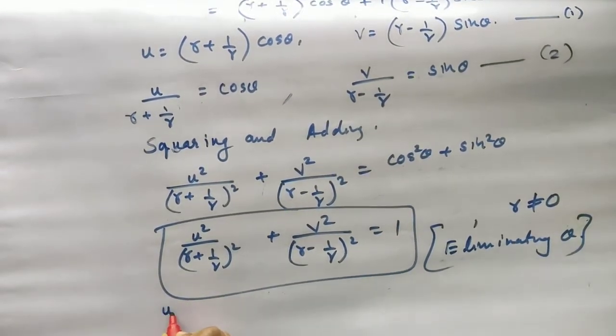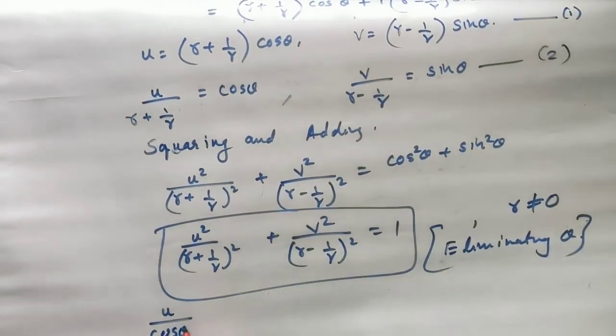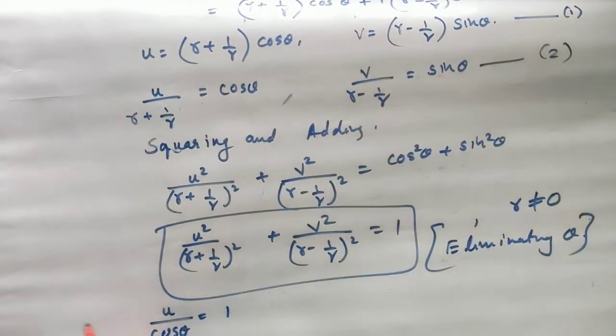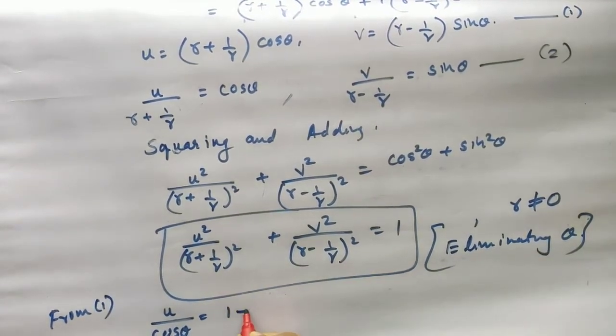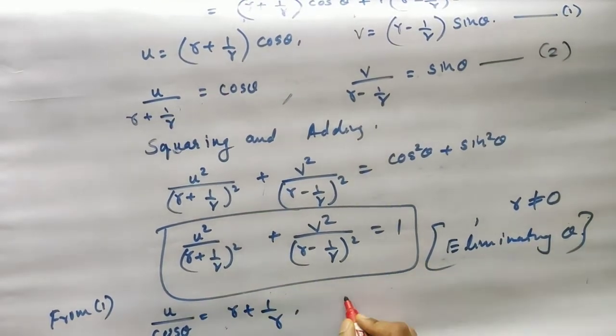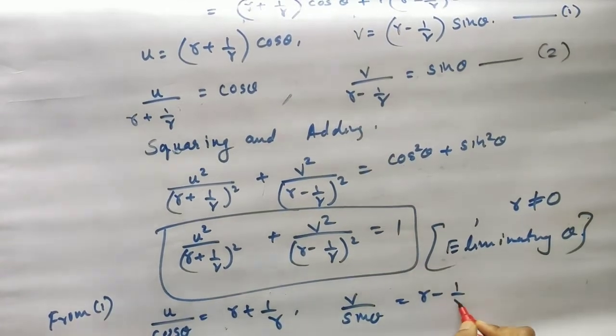For that we will consider equation 1 only. I can write u divided by cos theta is equal to r plus 1 by r, and v divided by sin theta is equal to r minus 1 by r.